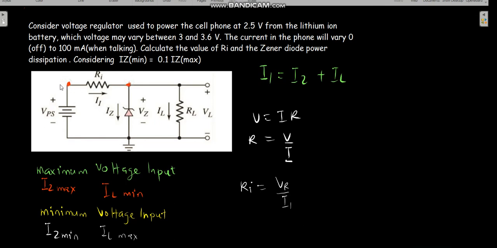The voltage at this node is the voltage from the power supply, Vps, and the voltage at this node is the voltage across the Zener diode, Vz. So VR will be equal to Vps minus Vz. So Ri will be Vps minus Vz over I, and you know I is equal to Iz plus IL. So this is what our formula now becomes.